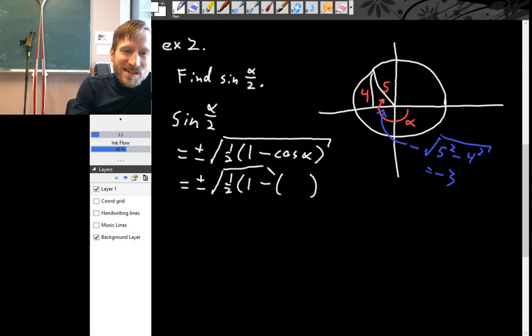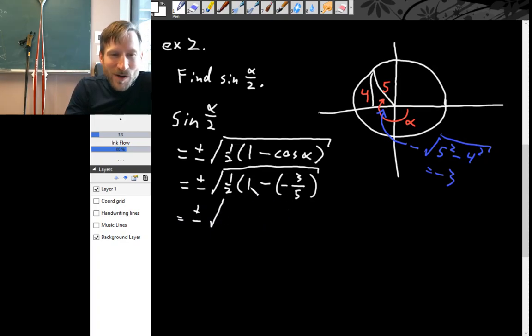And according to this diagram, cosine of alpha is negative 3/5. All right, so plus or minus the square root of, let's see, 1 plus 3/5, that's 5/5 plus 3/5 is 8/5, times 1/2 is 4/5.